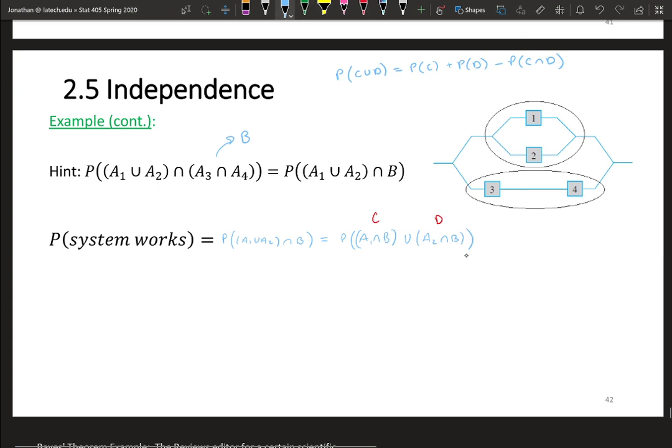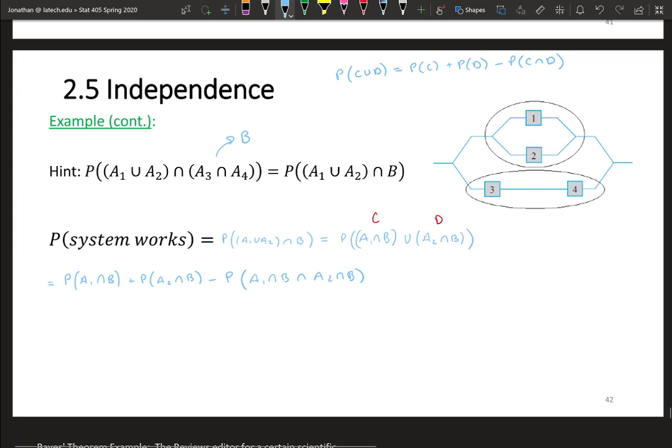So this is going to be, I'll write it over here, probability of A1 intersect B plus probability of A2 intersect B minus probability of A1 intersect B intersect A2 intersect B.